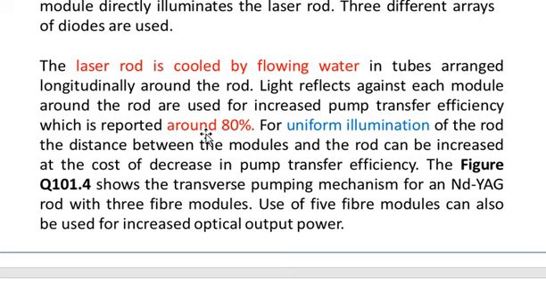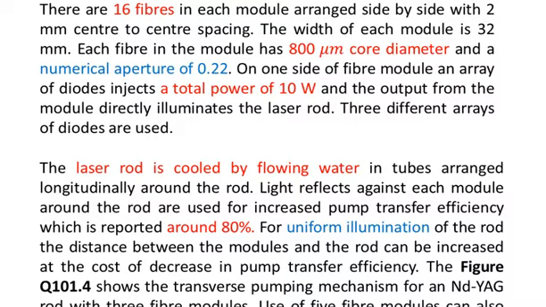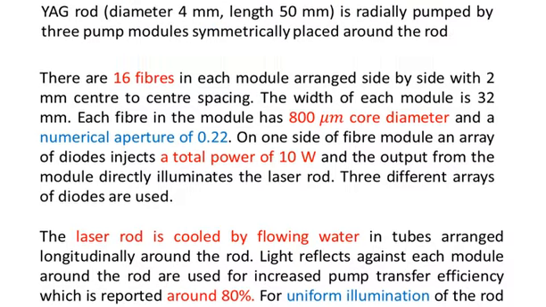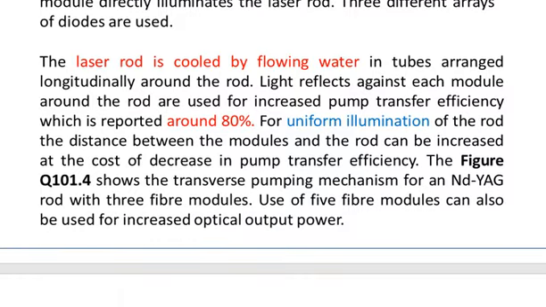The meaning is that when the three arrays of fibers, each consisting of 16 fibers, illuminate the rod, then of course some light is reflected off the rod. That reflected light can also be focused onto the rod by using other reflectors. So this way the pumping efficiency can be increased, and it has been found that a pumping efficiency around 80% can be achieved in this case.